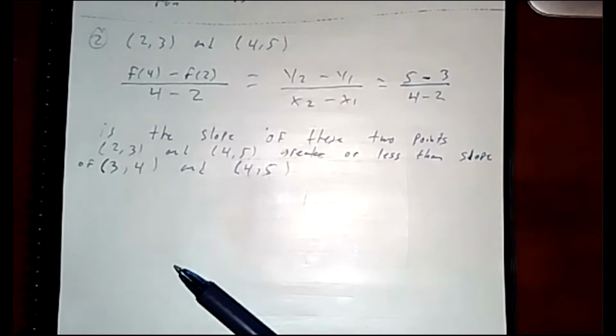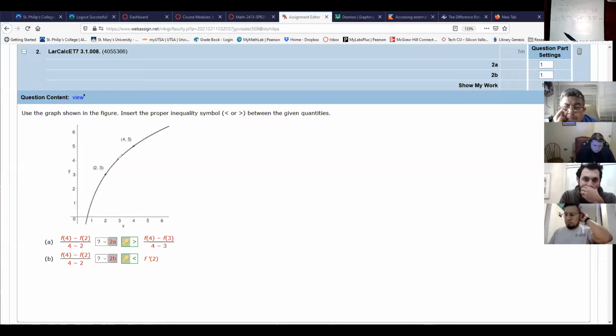So back to the picture. Now we got everything we need. So here's this point. So if I find the slope between these 2 points and these 2 points, which one is bigger? That is all they are saying. Does that make sense?